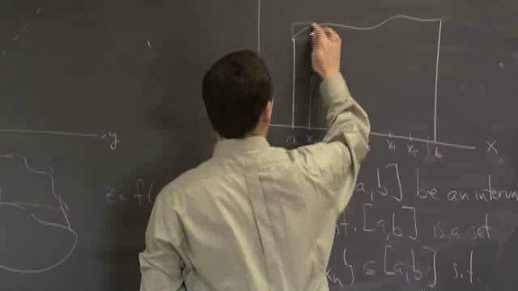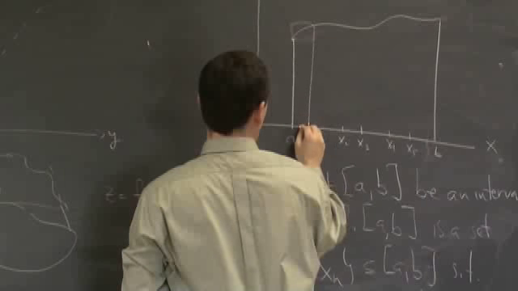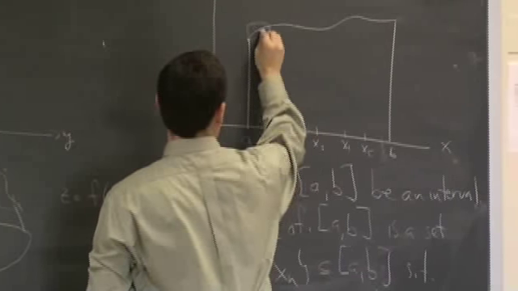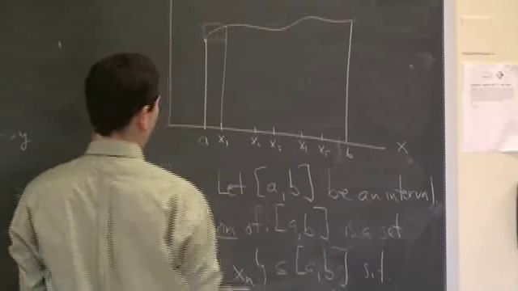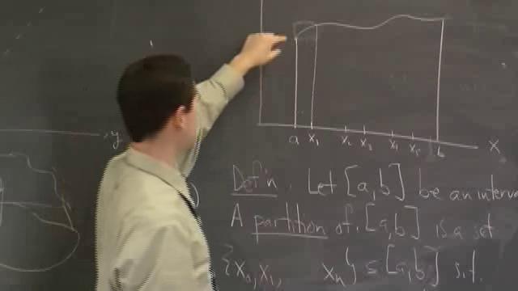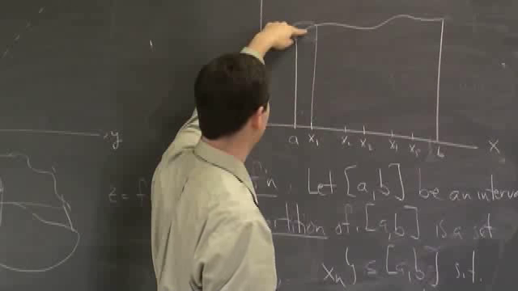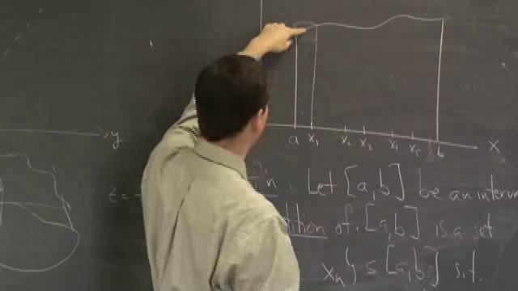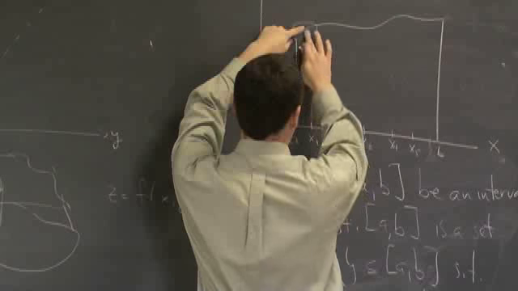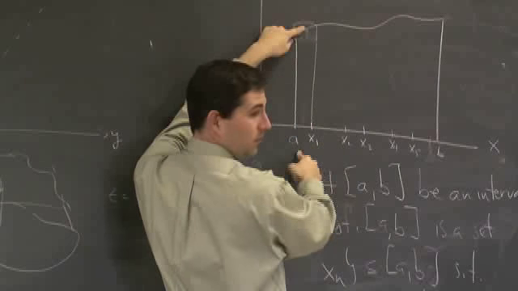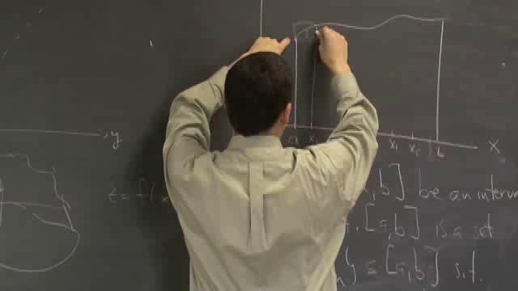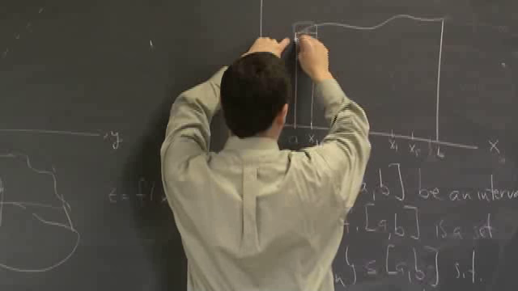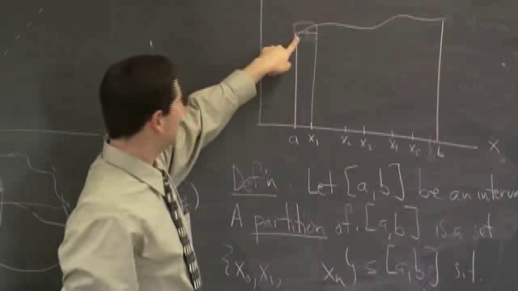Or I could choose, say, the midpoint. I could choose the midpoint from here to here, so I go in the middle and draw that. And now actually that's not so bad.